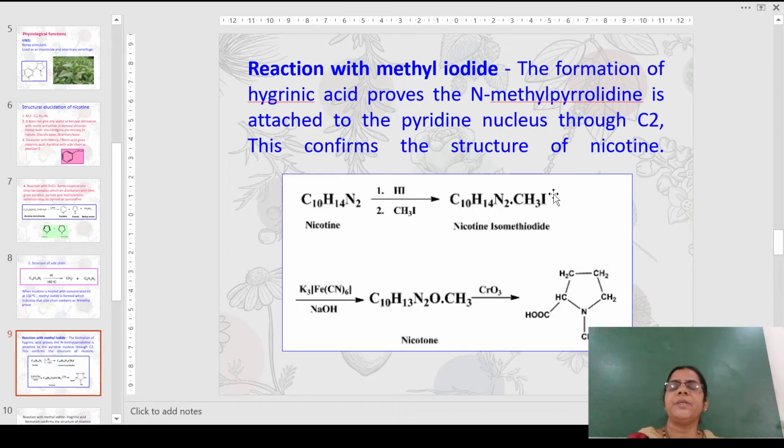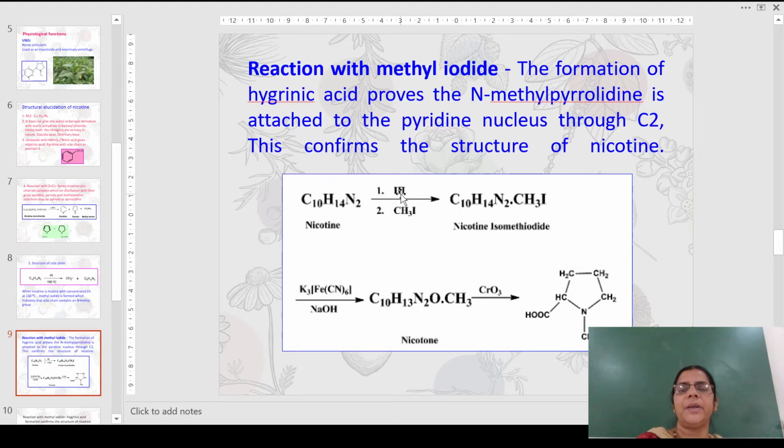Then the reaction was carried out with methyl iodide. This indicates the formation of hygrinic acid. This is hygrinic acid. And it indicates that there is an N-methyl pyrrolidine group, not the pyrrole group. The side chain may be an N-methyl pyrrolidine group, which is attached to the pyridine either at carbon 2 or carbon 3 of pyridine.